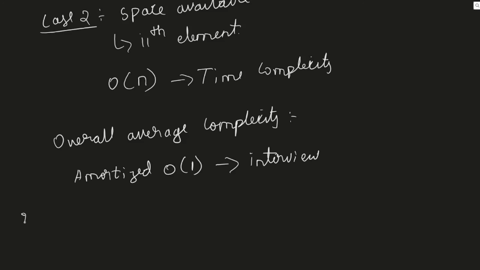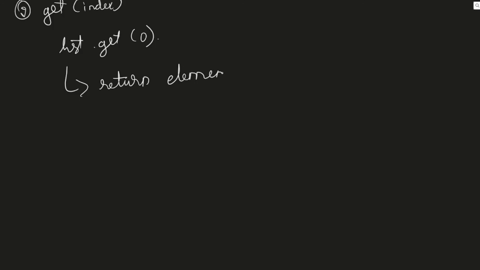The second method is get. The get method actually takes an index. As the name itself suggests, get is nothing but pulling the data from the list. Whenever you do list dot get of 0, internally what happens is it will just return the 0th index element of the element data variable.